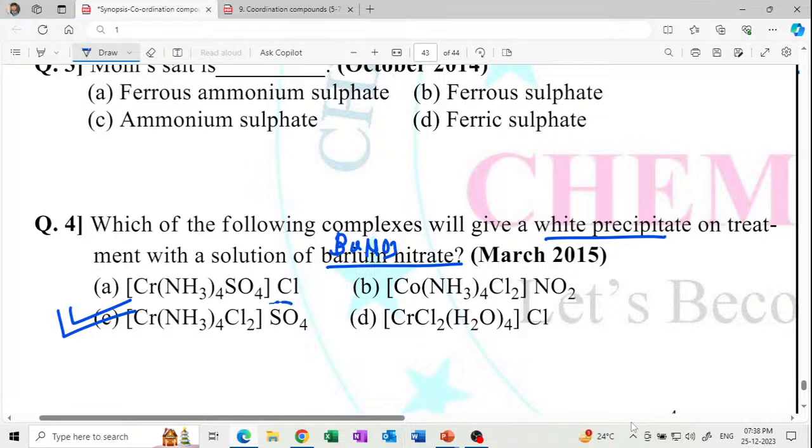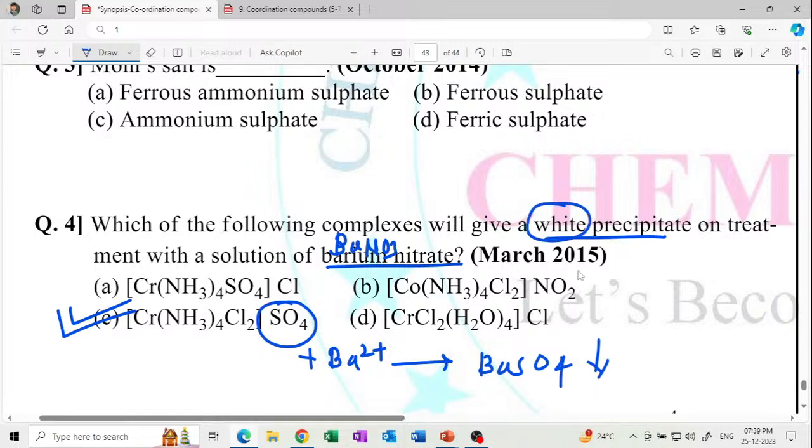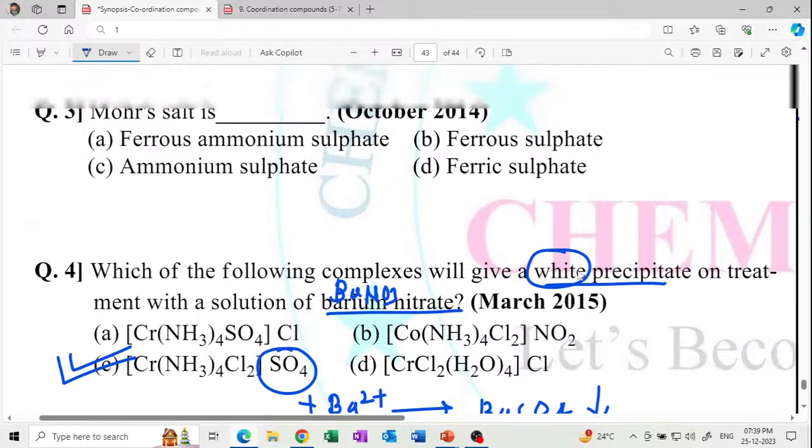This is sulfate plus Ba2+, and yes, we will get BaSO4, barium sulfate, a white precipitate. So this is in the ionization sphere. So option C is correct.